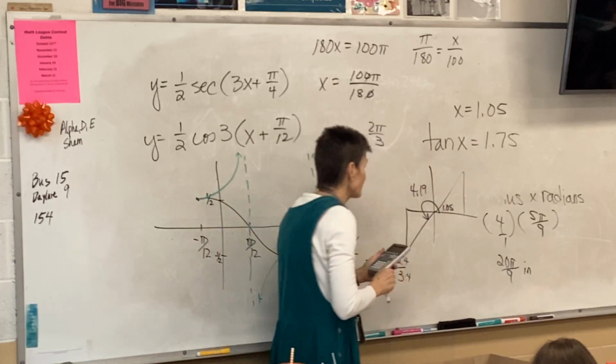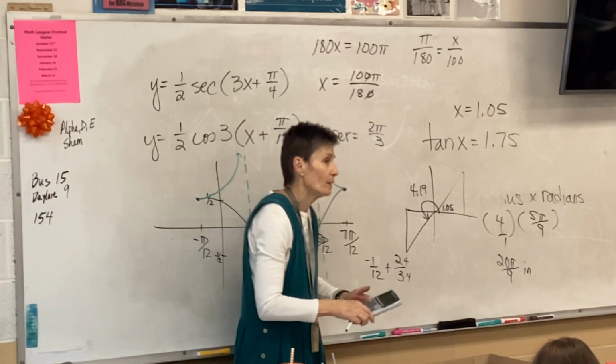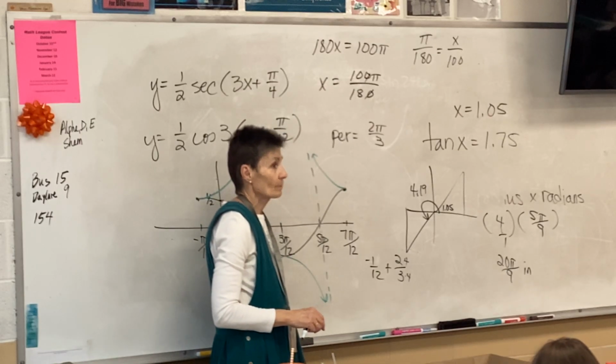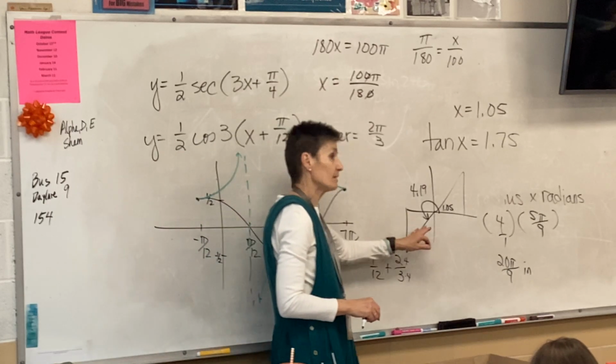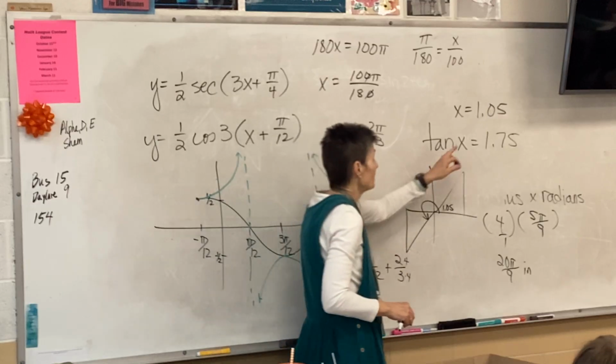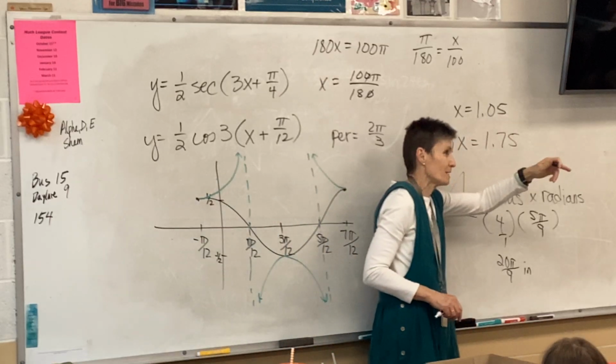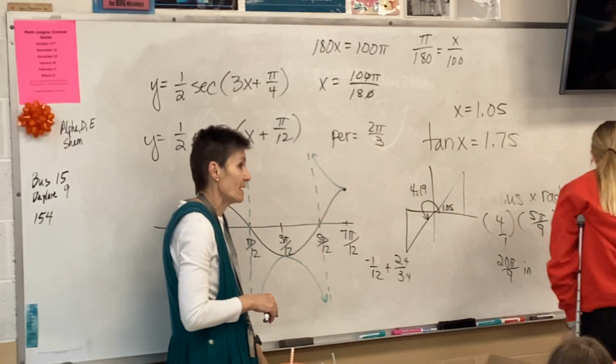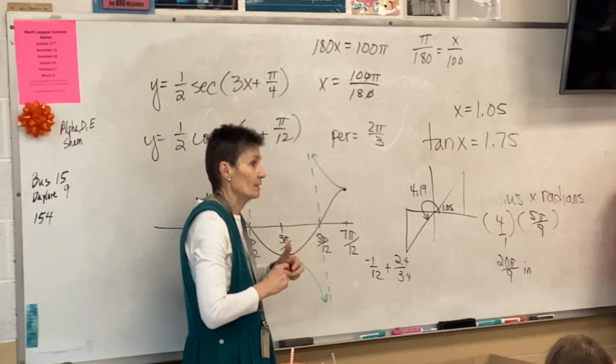So the two answers to the problem would be 1.05 and 4.19 in radians. That's exactly like the one we did by hand, except this wasn't 1.05, it was root 3, which is one of my special numbers on my triangle, so I could do that by hand. This one I need a calculator for.